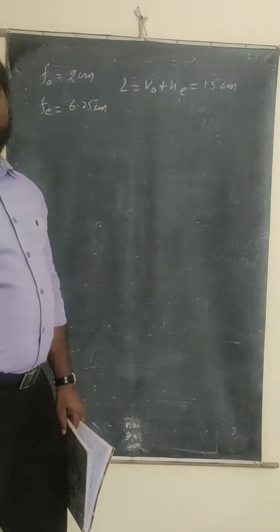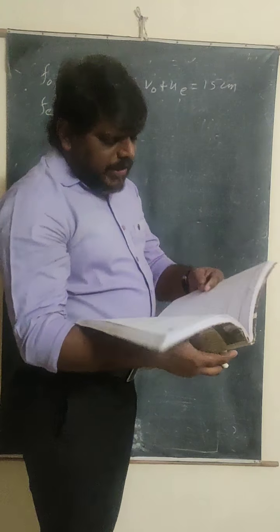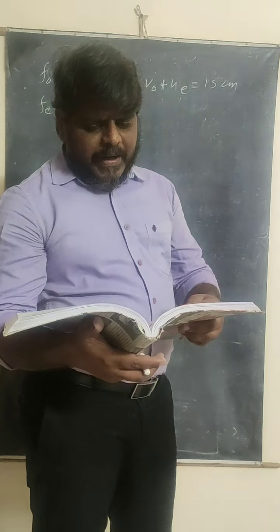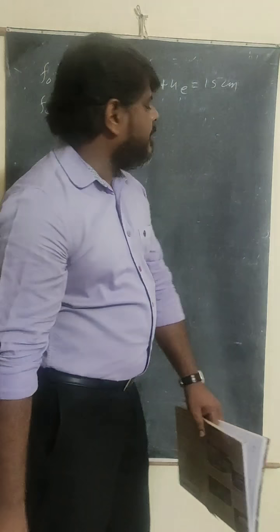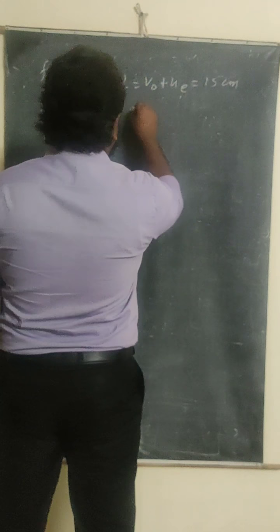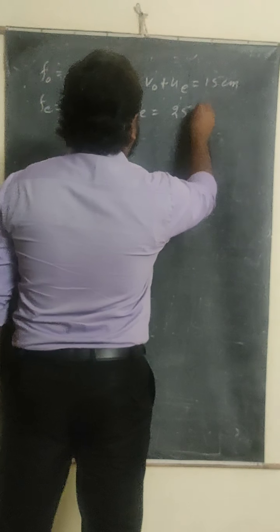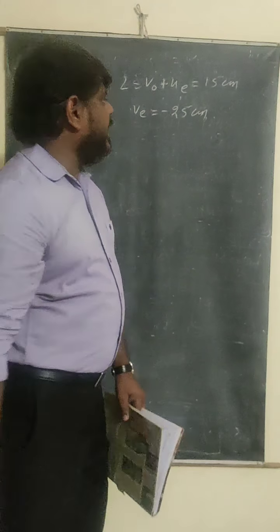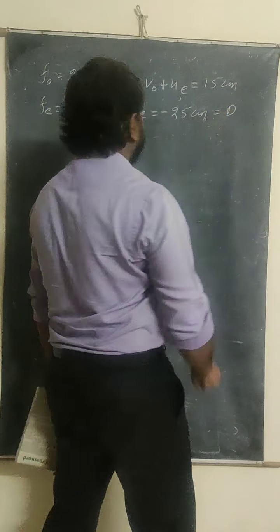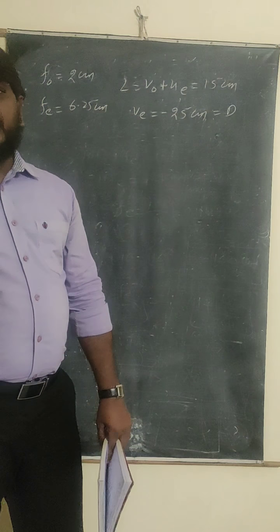So V naught and UE are the values given to us, and the final image is produced at the least distance of distinct vision. That means VE is equal to minus 25 centimeters, because VE equals capital D. This is the information given to us, and you have to find the U naught.